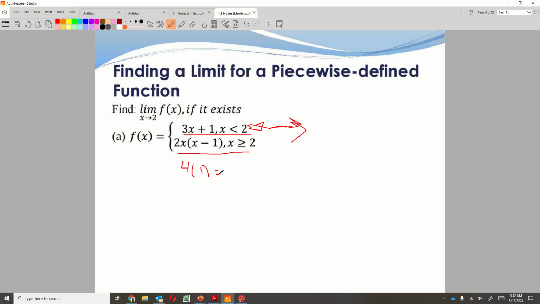So this side is 4. So the left side goes to 7, the right side goes to 4. Does this limit exist? No, it does not.